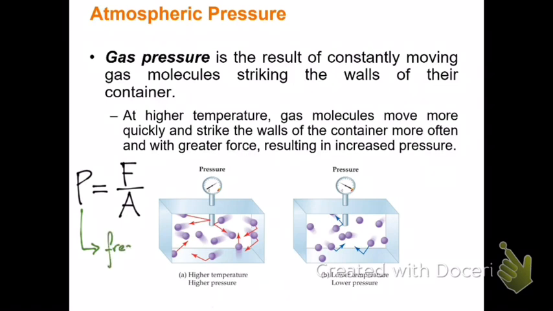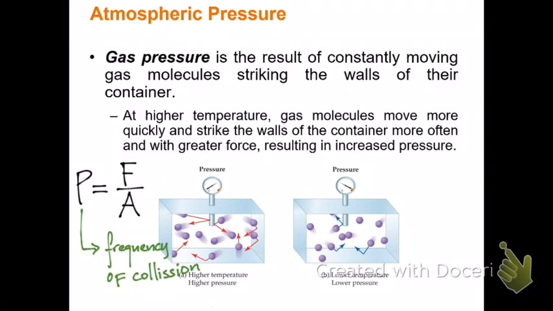So I'm going to put frequency of collision here. I think that's how you spell collision. It might be single S. Oh well. All right, so frequency of collision, that's pressure. If you increase this frequency of collision, you're increasing pressure. So that's what it means.